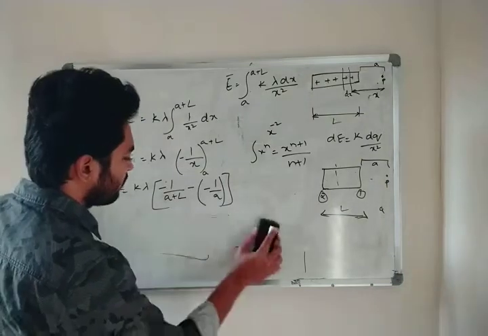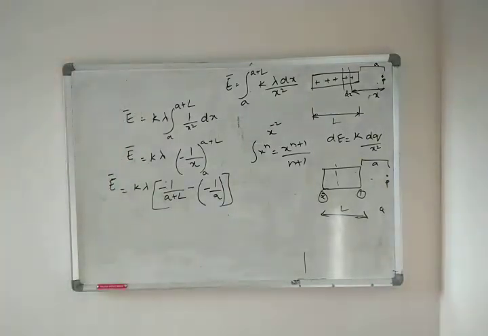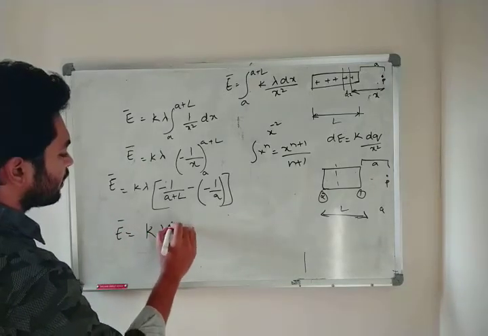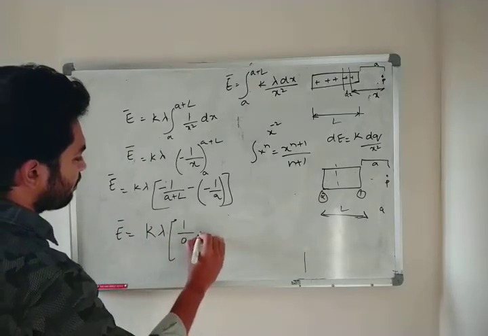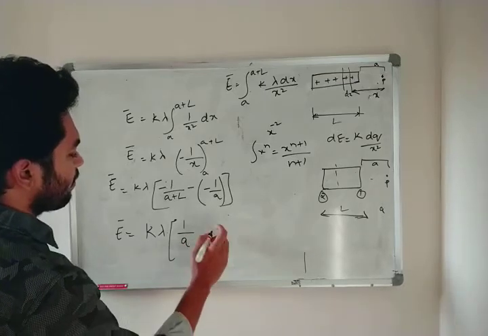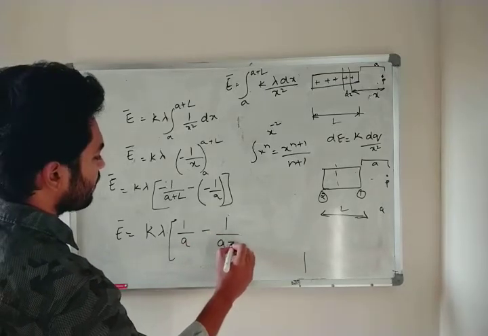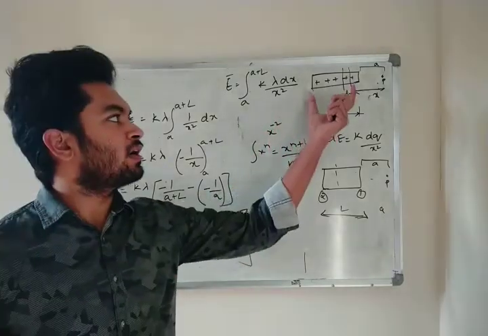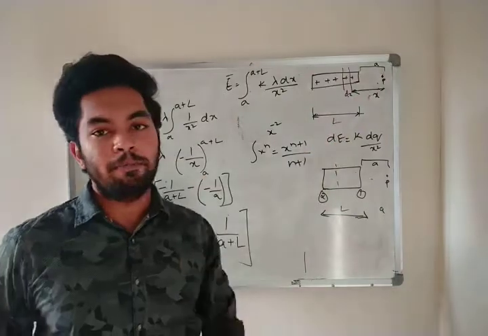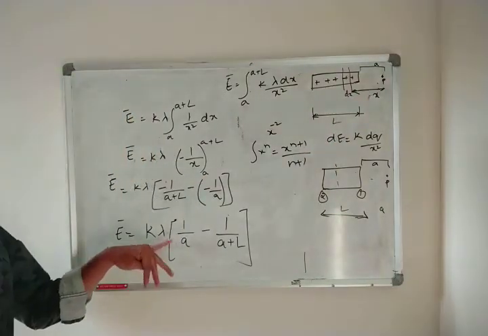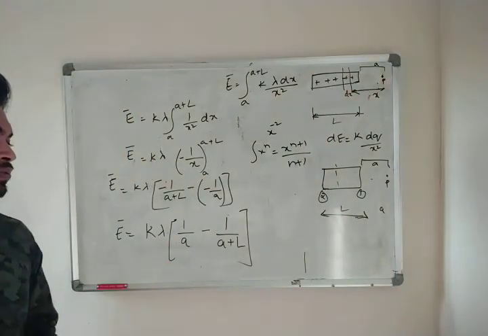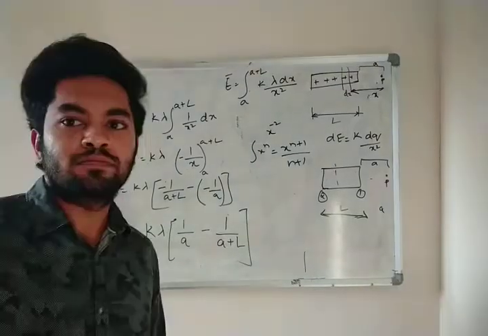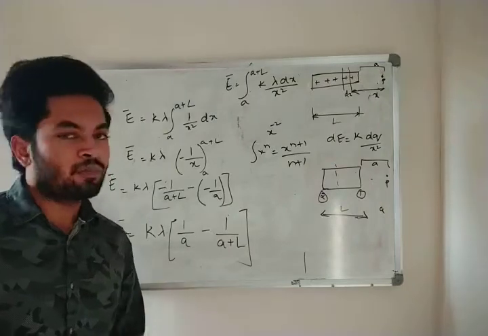Your last step will be: electric field E is equal to k lambda times 1 by a minus 1 by a plus L. So this is the final electric field of a rod at point P. Clear till here? Okay, note this down.